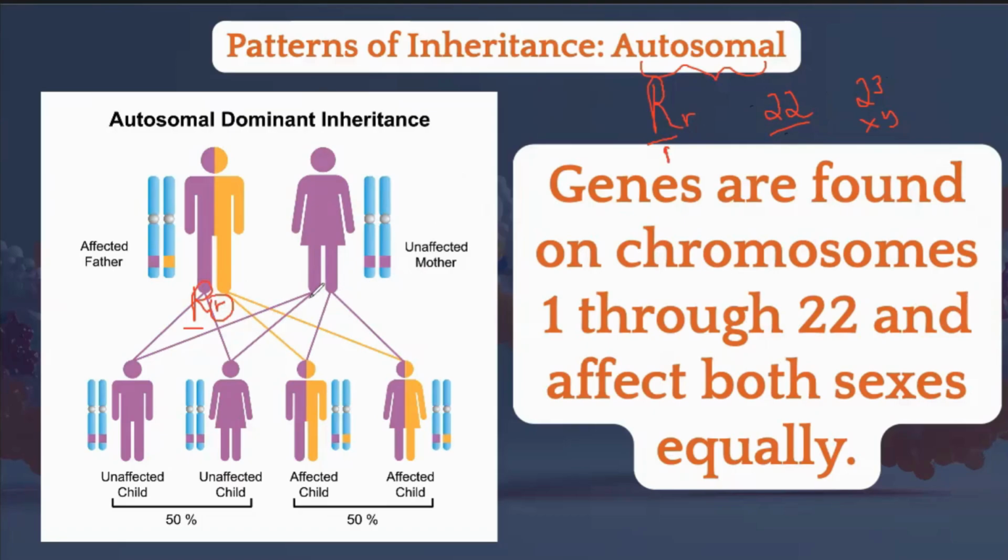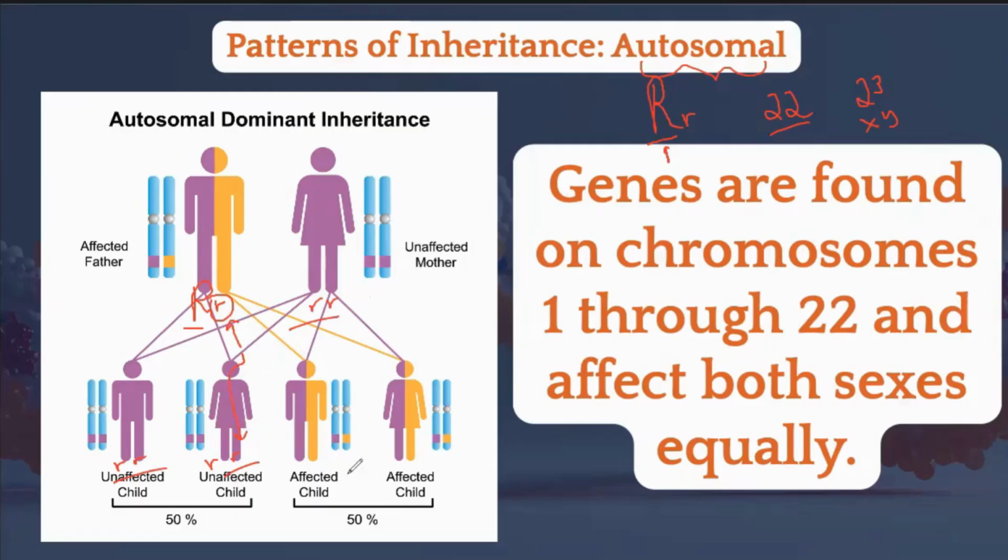But if there's an unaffected mother, remember that just means that she's recessive because she can't have the dominant gene. Now, note also that if she did have the dominant gene, she would have the disease, but in this case, she doesn't. And you can see there are unaffected children, which means that they had two little r's as well. So because we have the unaffected children here, we can note that the parent that was affected is going to be heterozygous because they had to give their little r to their offspring.